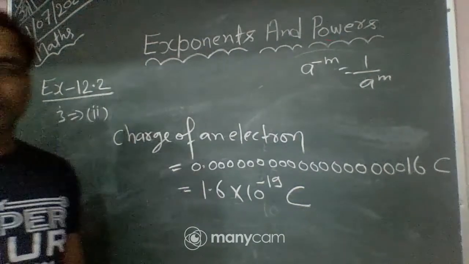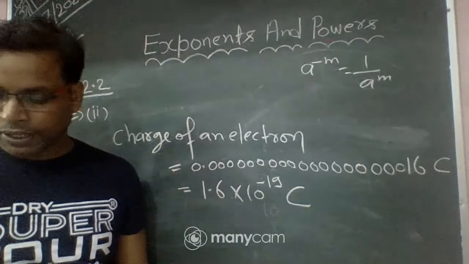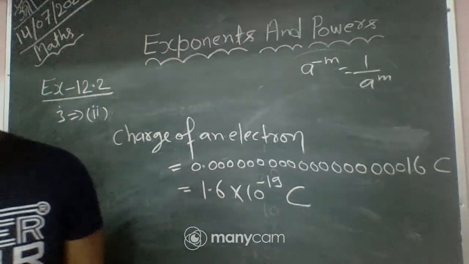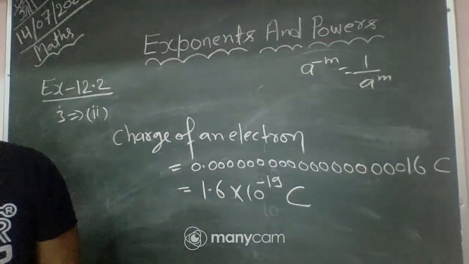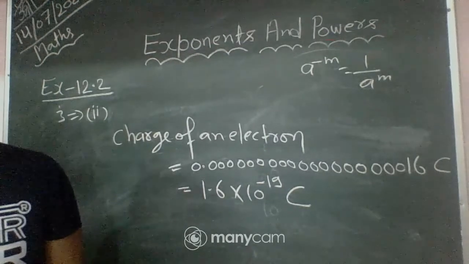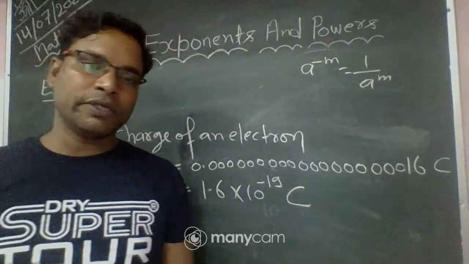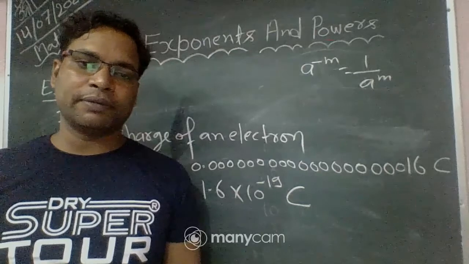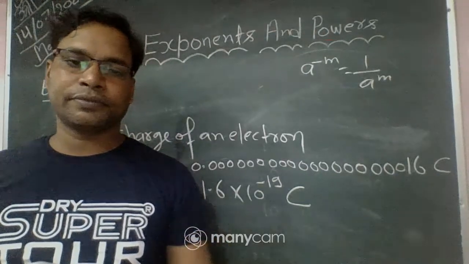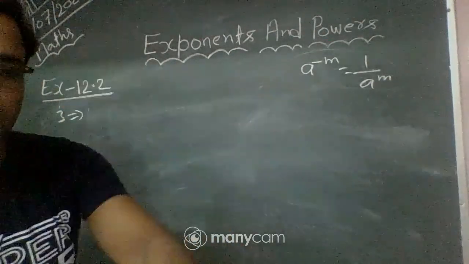This is clear. Now, next part. Size of bacteria is 0.000005 meters. So we need to convert it into standard form. Clear? This is the third part.